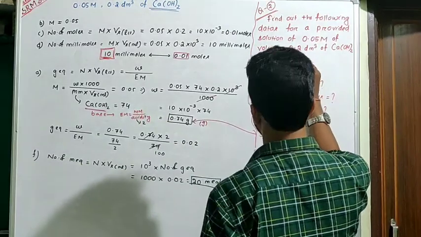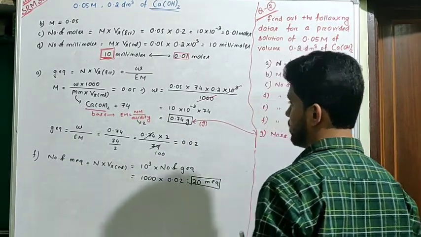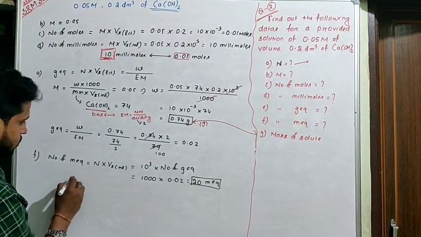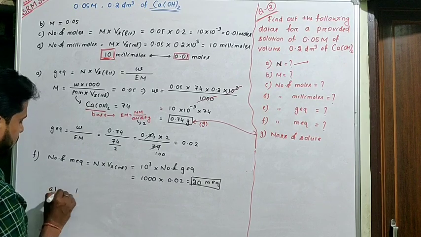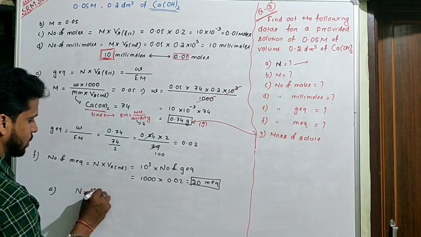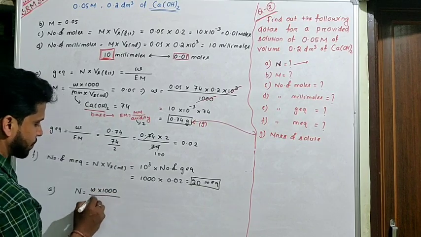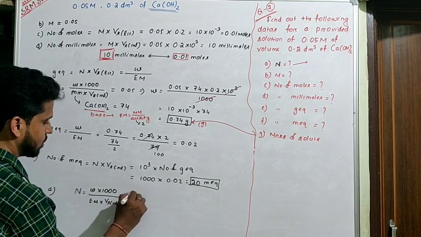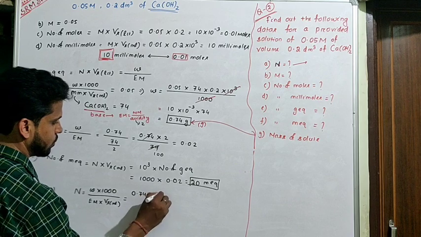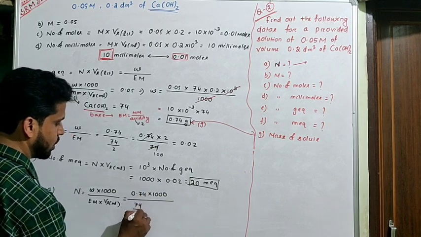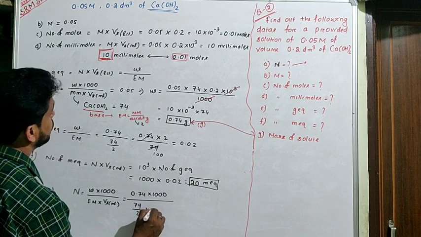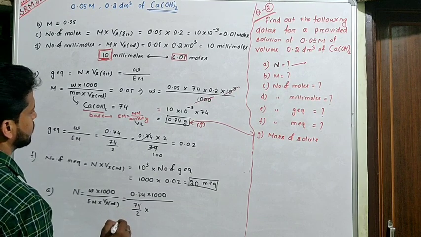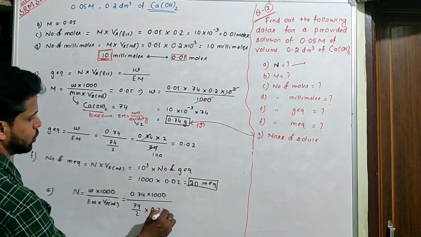Okay. So what will the normality be? Normality, answer A, is W into 1000 by equivalent mass into Vs ml. That is 0.74 into 1000 divided by the equivalent mass, 74 by 2, into 0.2 into 10 to the power 3.